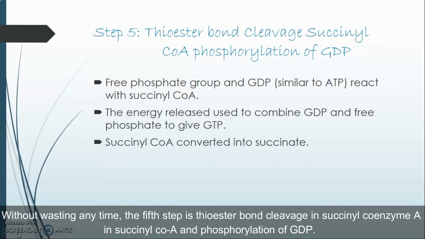Without wasting any time, the fifth step is thioester bond cleavage in succinyl coenzyme A with phosphorylation of GDP.